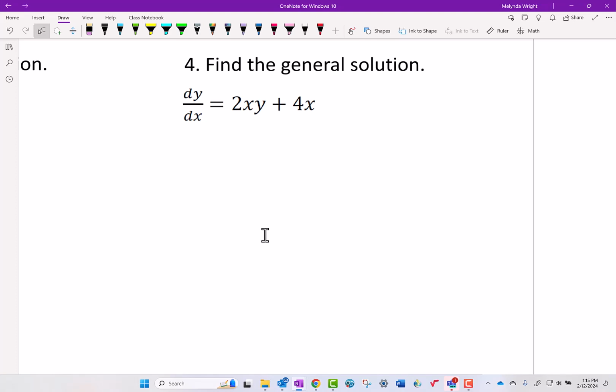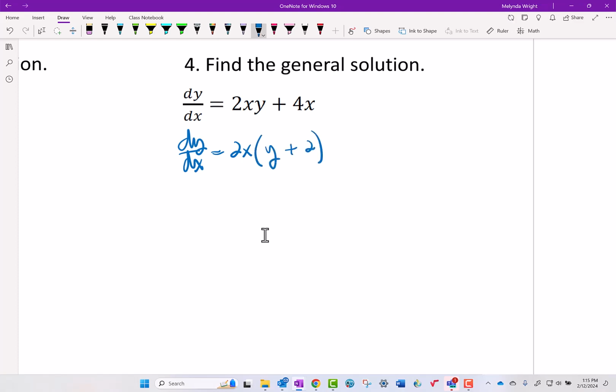So what in the world? How are we going to fix this? Any ideas? Yes, very nice. We're going to factor. In this case, we've got a 2 and an x we can factor out. Because really, that's our only option. We're not allowed to add and subtract stuff to the other side. That's not a thing.